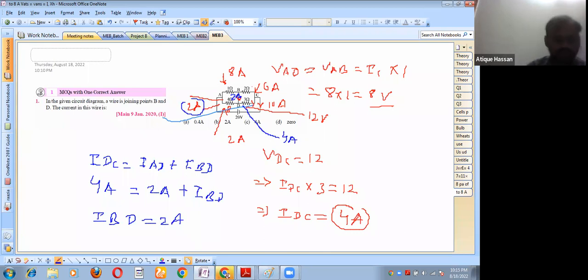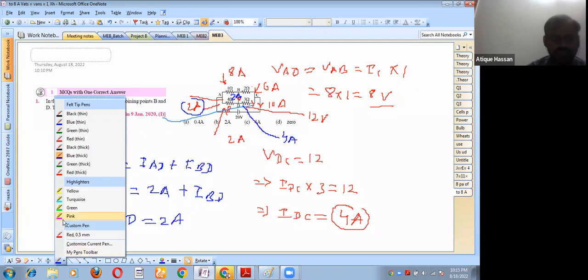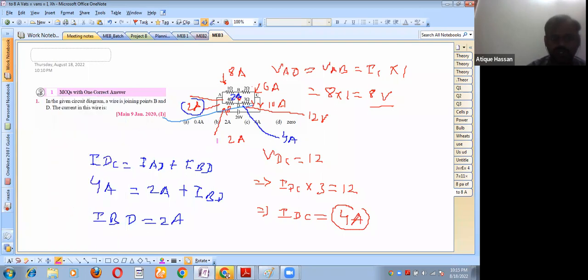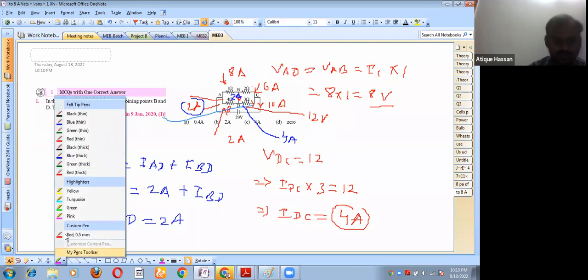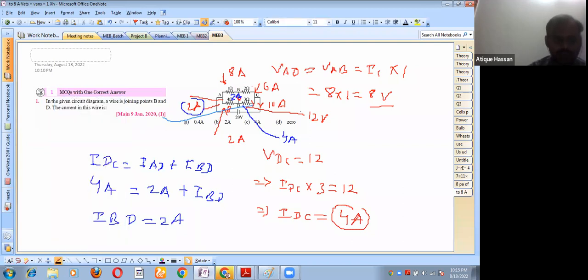You can also see from the upper junction. You can get the same result from the upper junction also. If you see at this junction, 8 ampere current is coming and 6 ampere is moving in BC. So how much current is moving in BD? 2 ampere.